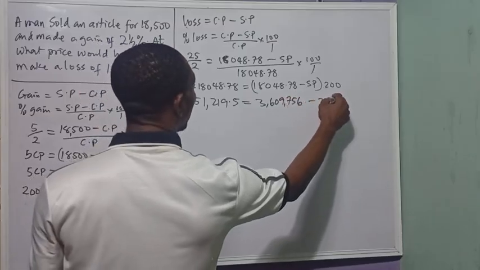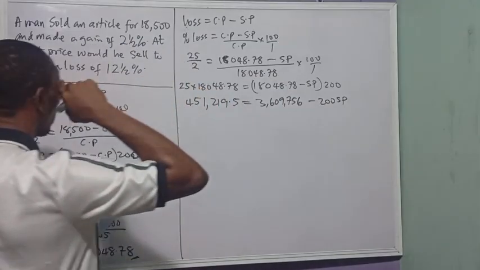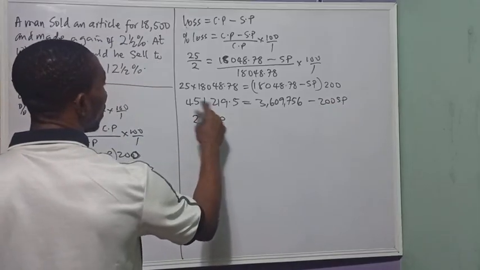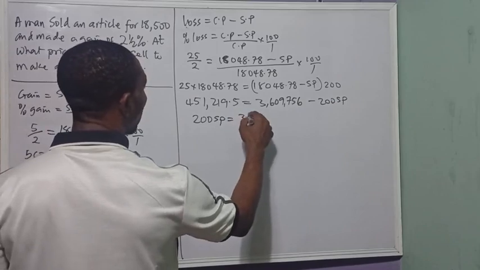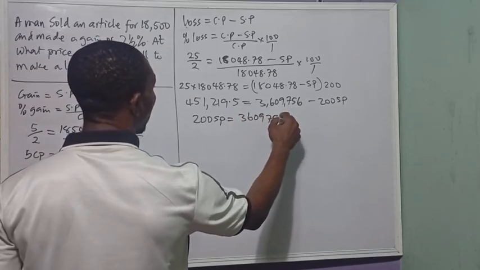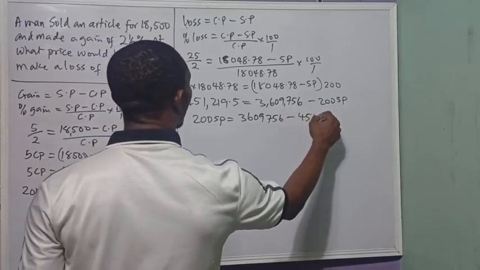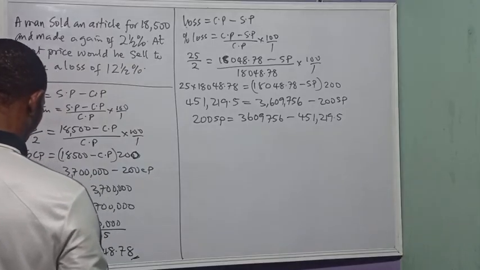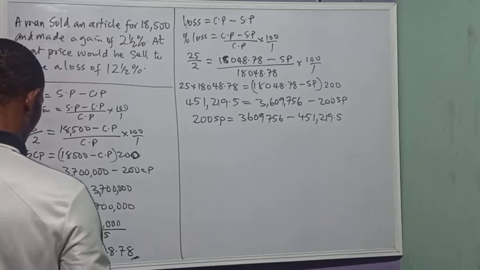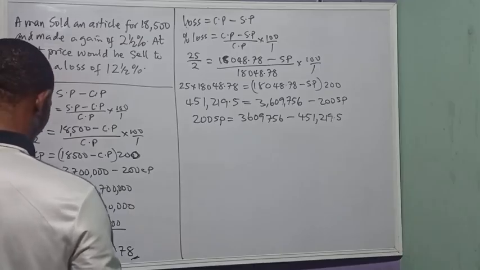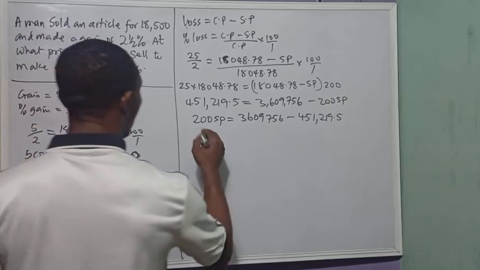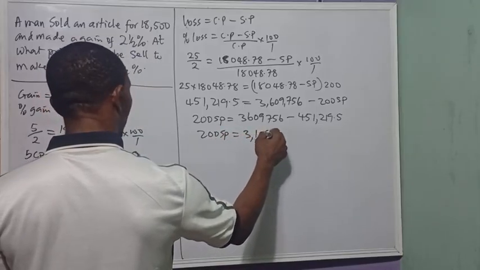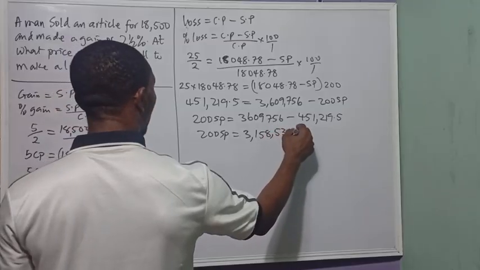3609756 minus 200 SP. Okay, so now minus going over will give us 200 SP, and this going over will be 3609756 minus 451,219.5. So this gives us 200 SP equals 3158,536.5.